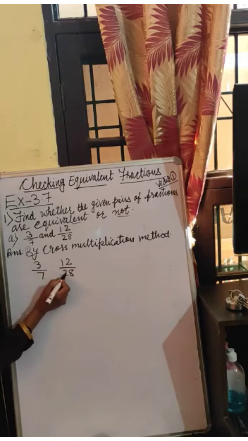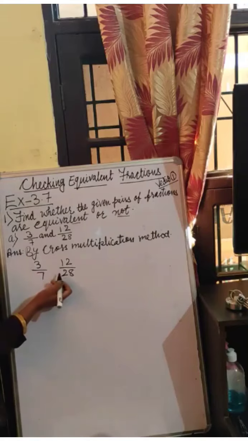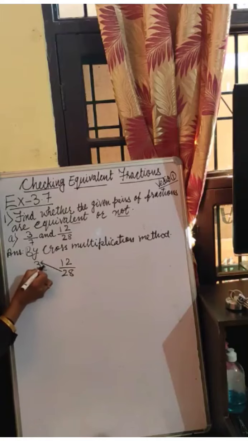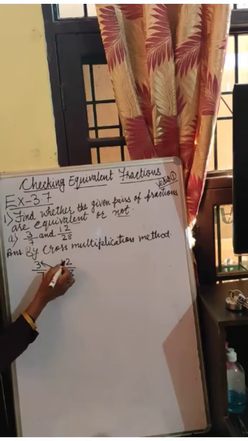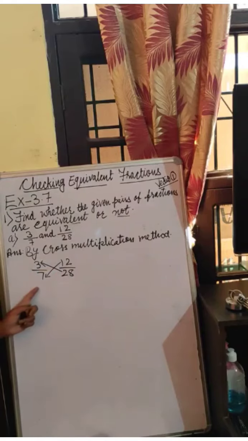The numerator of the first fraction is multiplied by the denominator of the second fraction. And the numerator of the second fraction is multiplied by the denominator of the first fraction.